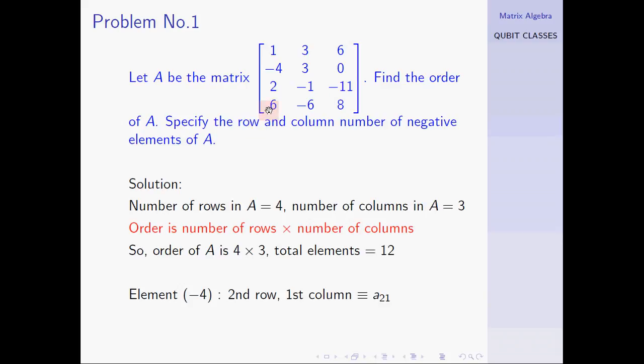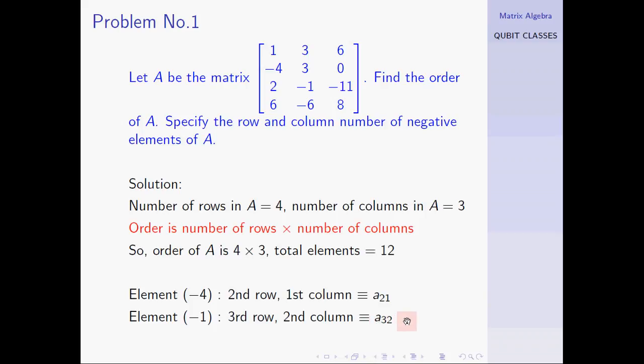Now the element minus 4 is present in the second row and first column. This is represented symbolically as small a21, and this is read as a21 is minus 4. Let's move on to minus 1. This element is present in the third row and second column, so it will be represented as a32.